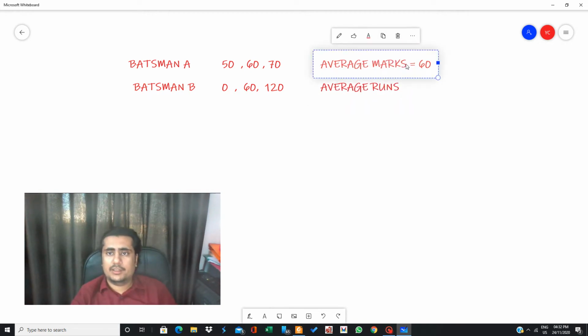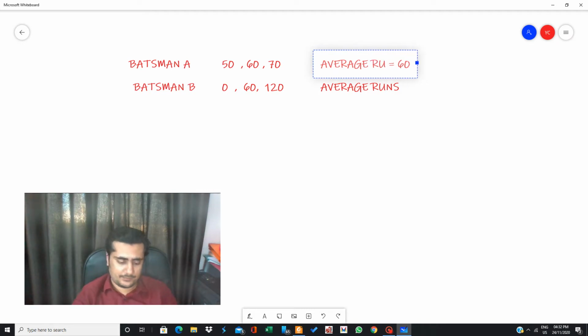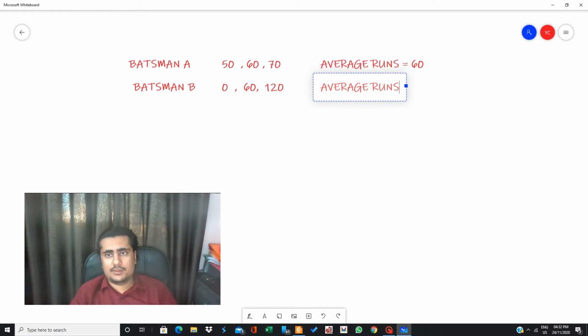Now, if you find the average for this particular batsman, the average is 60.